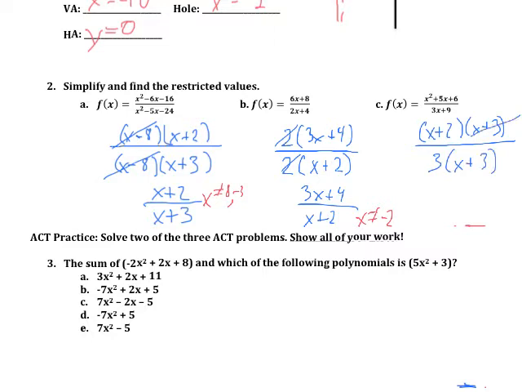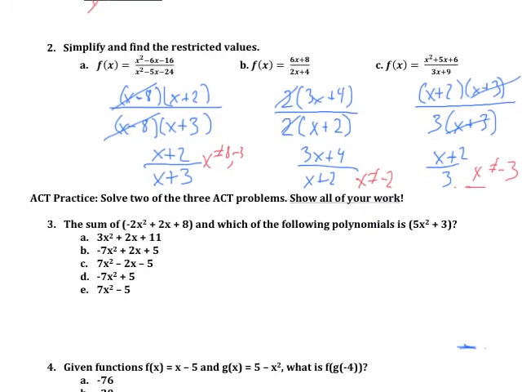And then those cancel out, giving us a final answer of x plus 2 over 3. And that tells me, as far as restricted values, because of the x plus 3, that x is not allowed to be negative 3.